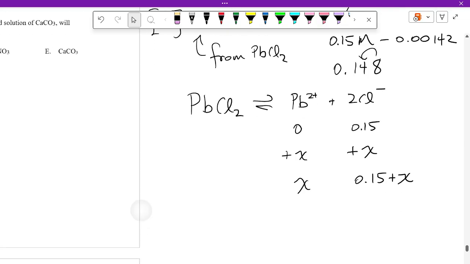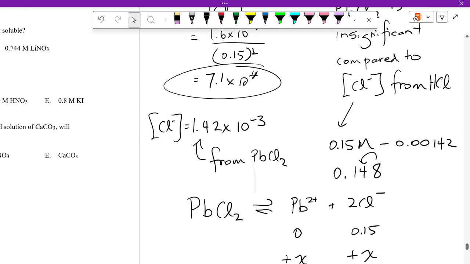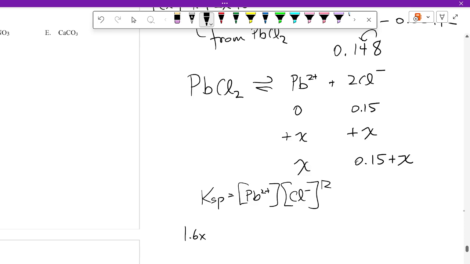Then I would have to do the math on this, so KSP is equal to the concentration of lead times the concentration of chloride squared. And the KSP is 1.6 times 10 to the minus 5. Lead is x. This is 0.15 plus x.